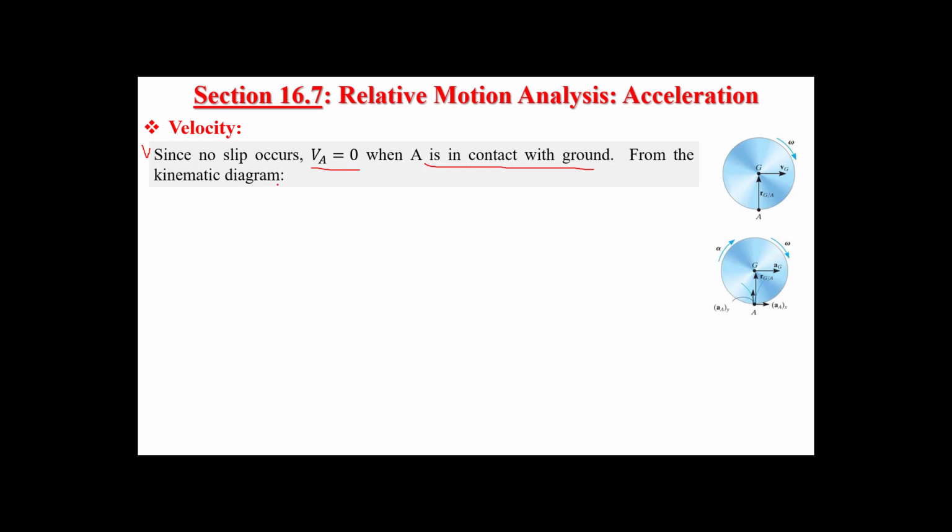From the kinematic diagram, we can relate this point A with the centroid, so we can say that VG equals VA plus omega cross product RG with respect to A. But VA equals 0, and VG, this is a rule, the centroid has a horizontal component in the x-axis only.